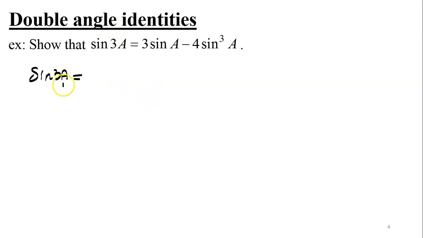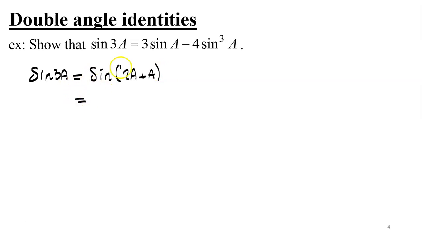So sine 3a, since I already know the compound angle identities and the double angle identities of sine, in this case, I would think of splitting 3a into 2a plus a. So sine of 2a plus a, we could use the compound angle identity of sine, sine of a plus b.